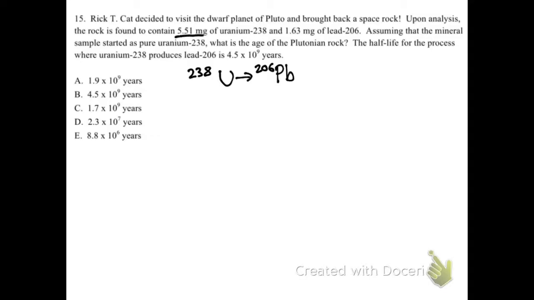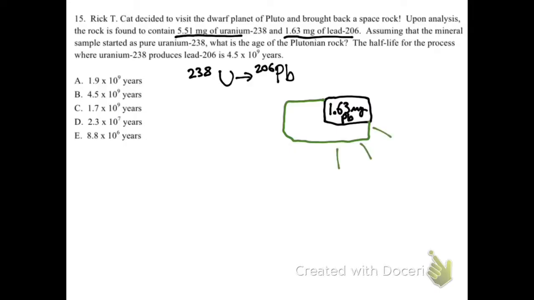It consists of 5.51 milligrams of uranium and 1.63 milligrams of lead-206. So I'm going to draw part of a rock here, 1.63 milligrams of our lead-206, and the rest of the rock is going to be uranium, 5.51 milligrams of uranium.